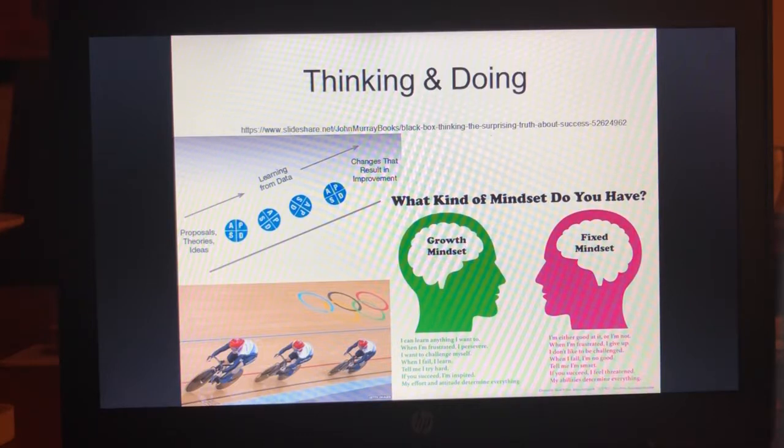And really one of the things in order to learn from your errors and to make things successful is having what you might call a growth mindset as opposed to a fixed mindset.